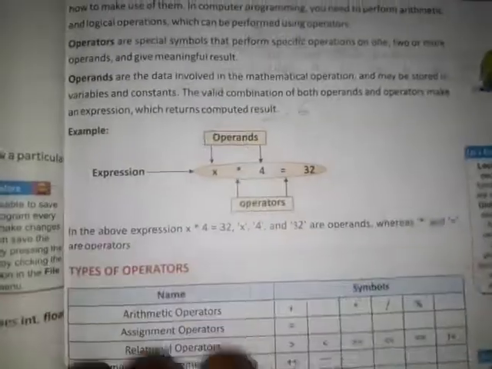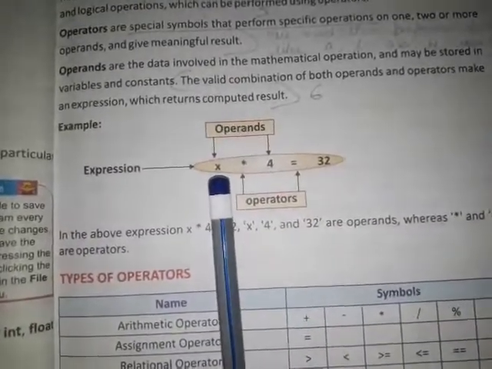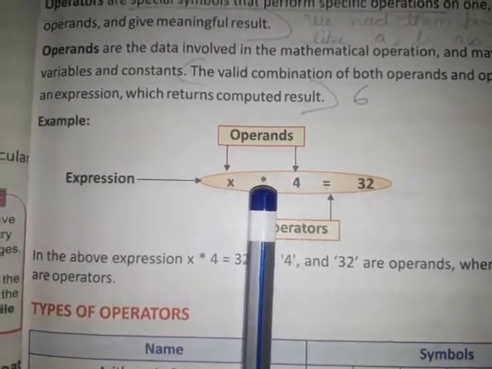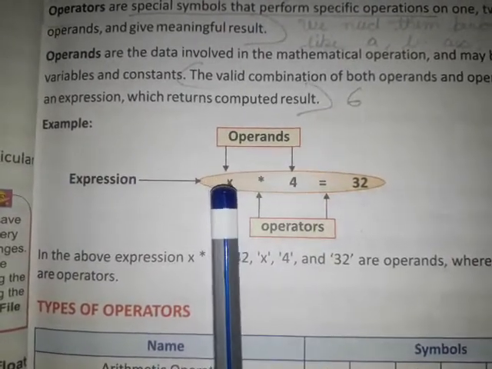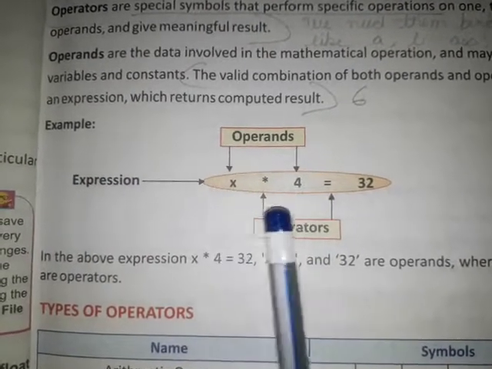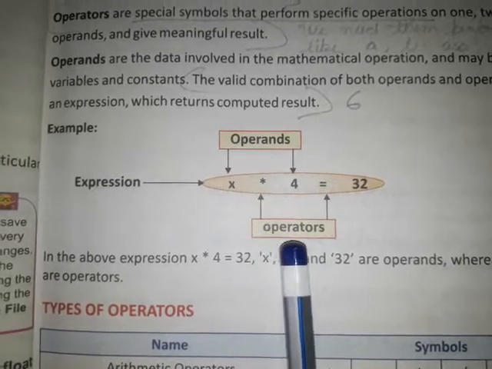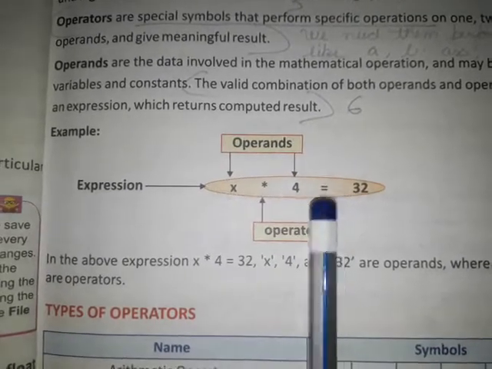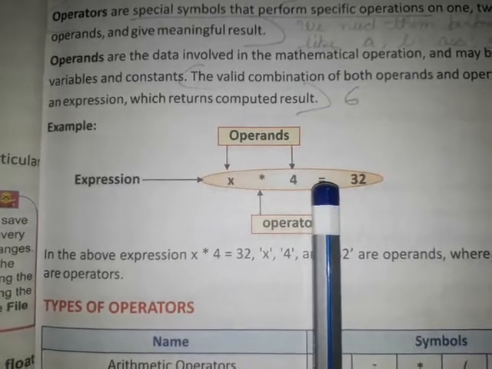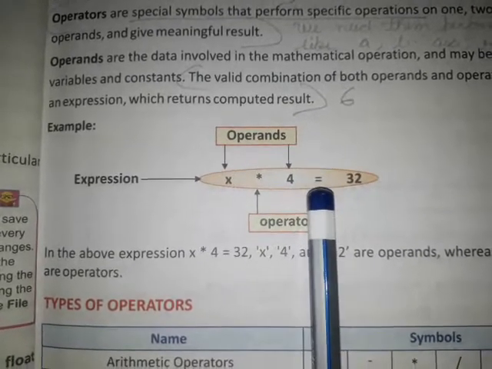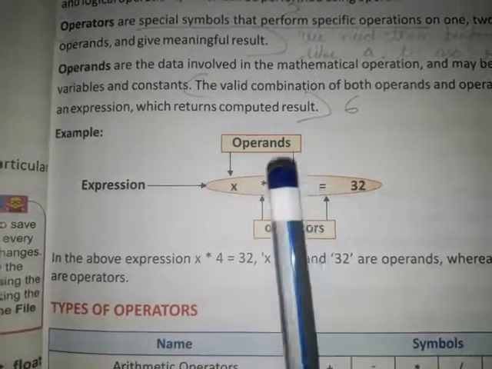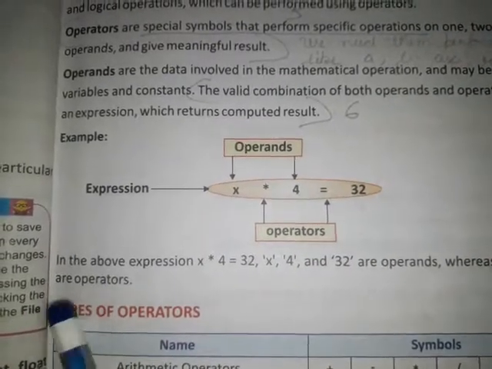Look at here, x multiply 4. So x is an operand, 4 is an operand, and multiply here is an operator. Equal to is also an operator, I say it is an assignment operator. x multiply 4 equals 32.